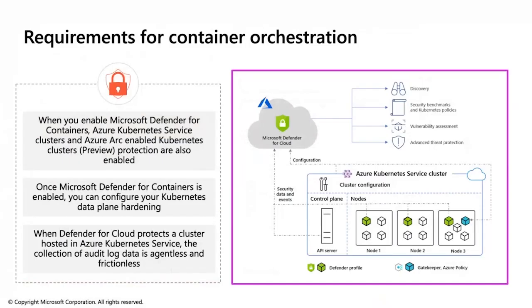So for container orchestration, what do we have? For container orchestration, we use Kubernetes. When you want to automate or orchestrate container deployment and application deployment, in that situation we can use Kubernetes.